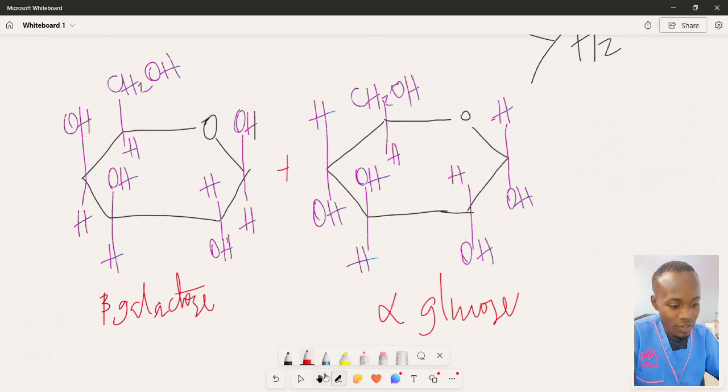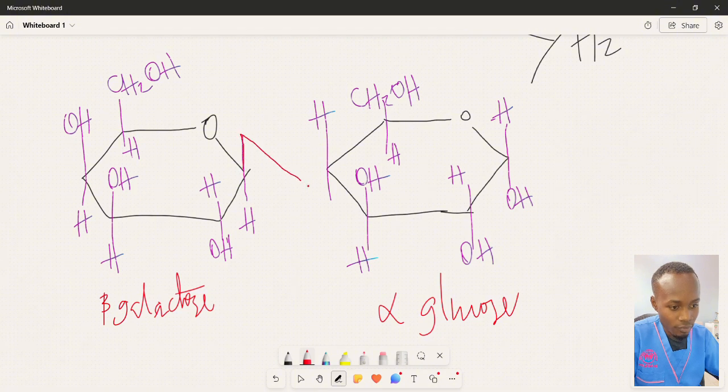Our interest here is on how we can remove this one. So let's select this OH and delete it, and also the OH that is down here, remove it. So when you combine the two, the bond that is going to be formed will be something of this sort.